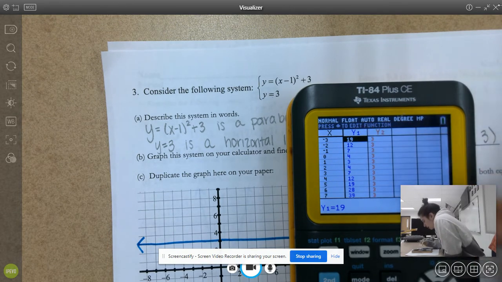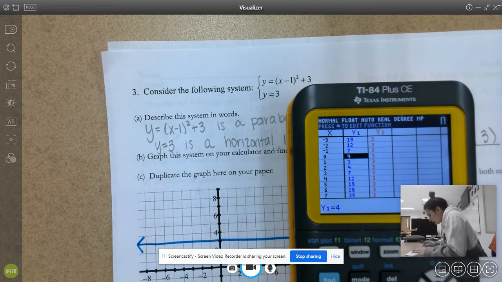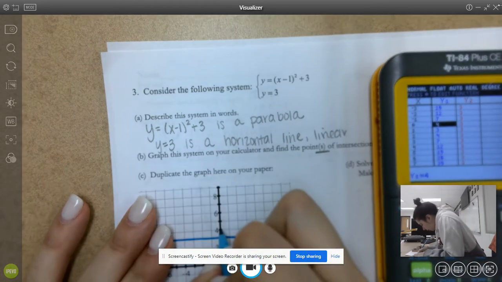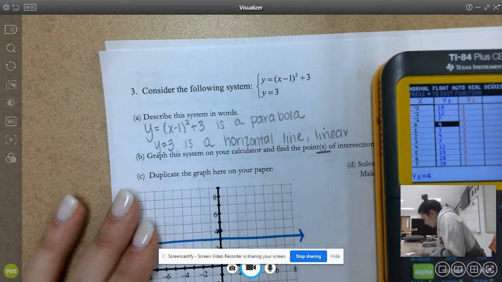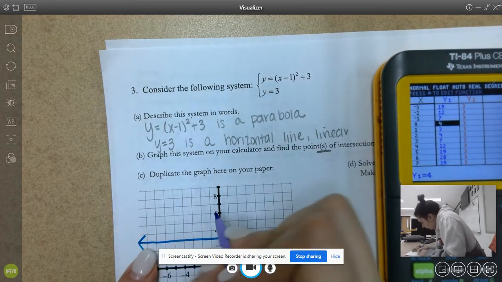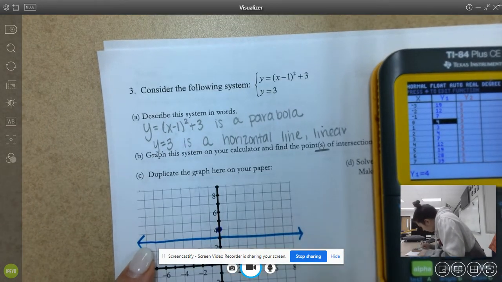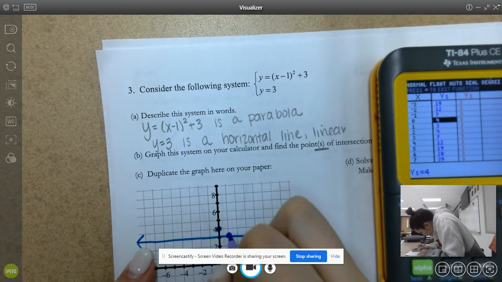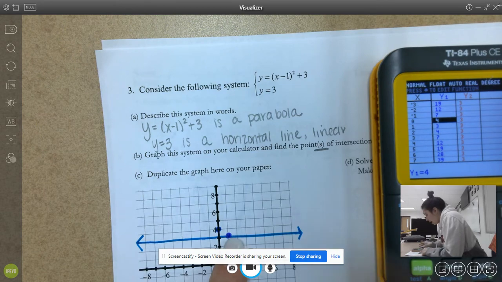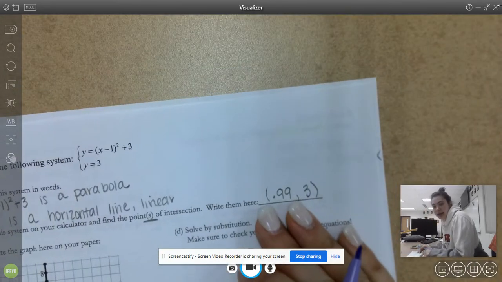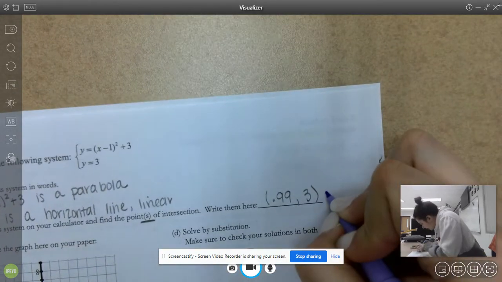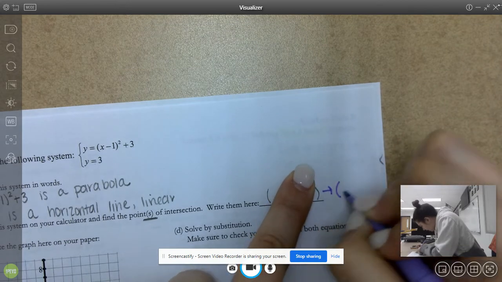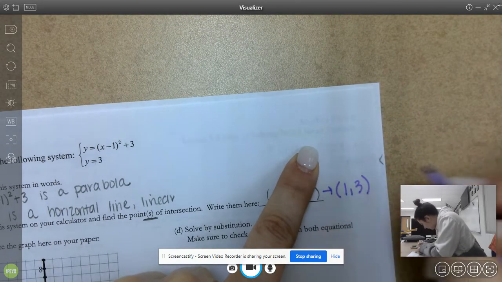When x is 0, y is 4. I should use a different color. I'm sorry, guys. When x is 1, y is 3. So instead of 0.9999, maybe it's also at 1, comma 3.